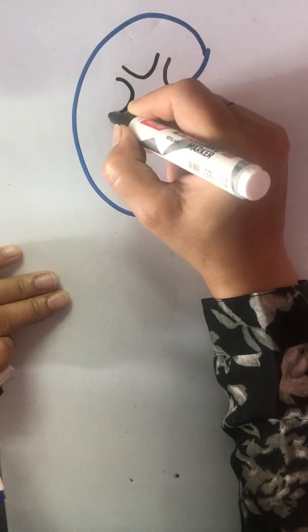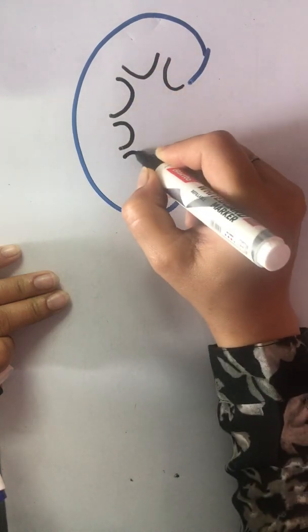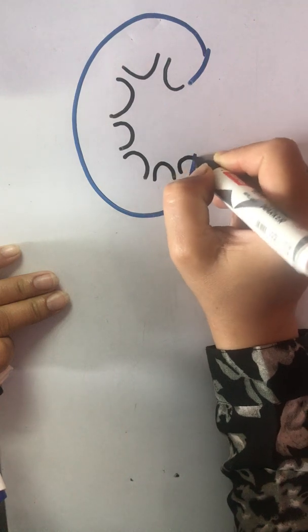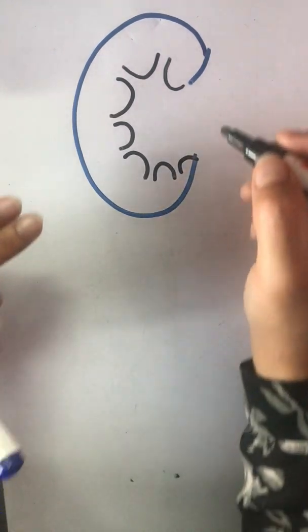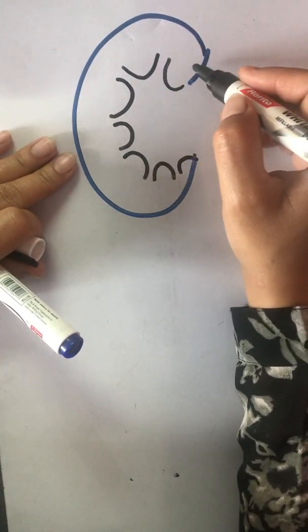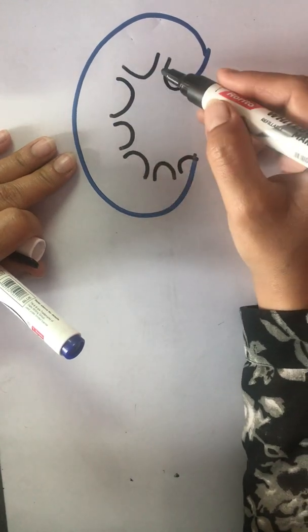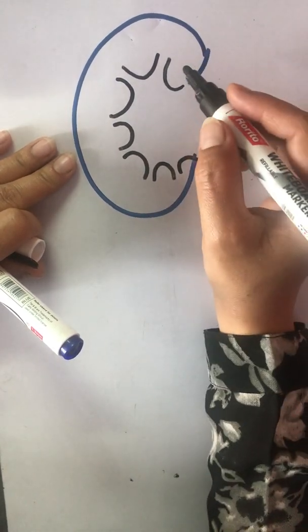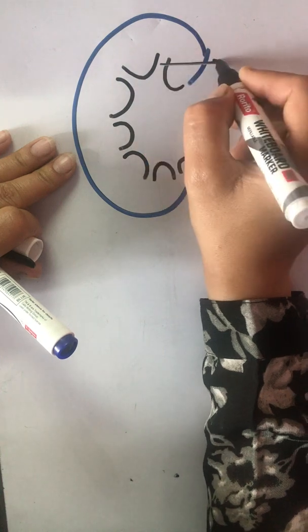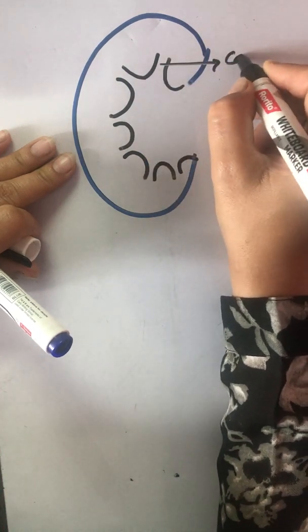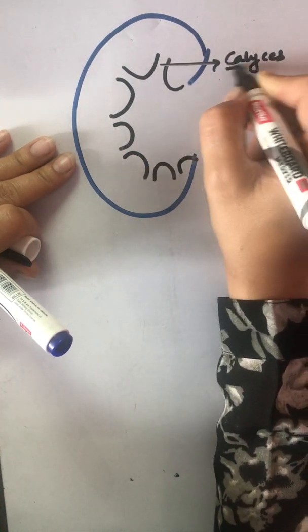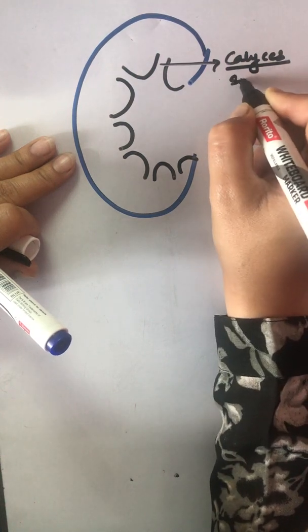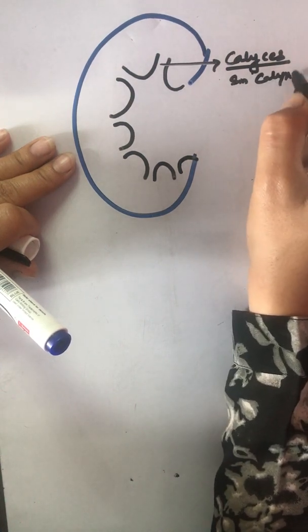These are the projections, called calyces. So many in number, so calyces; the singular is known as calyx.